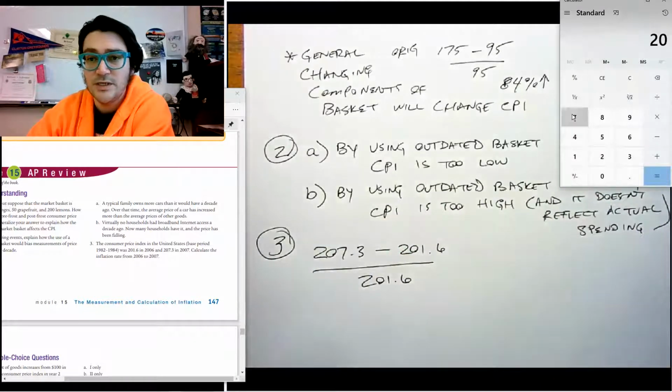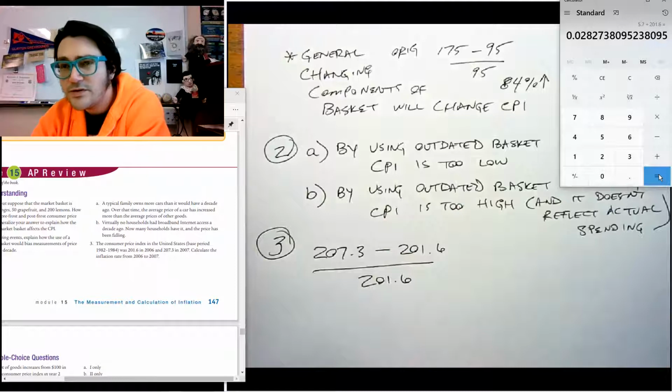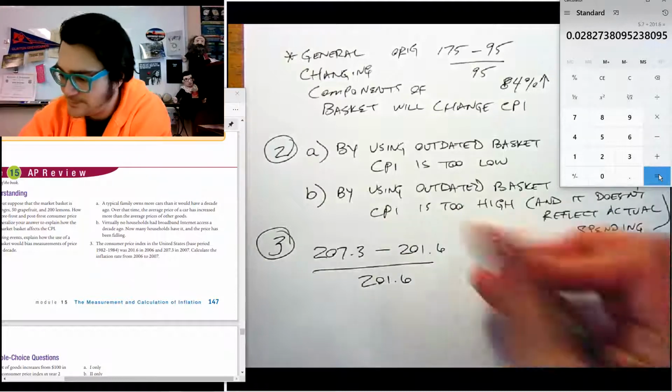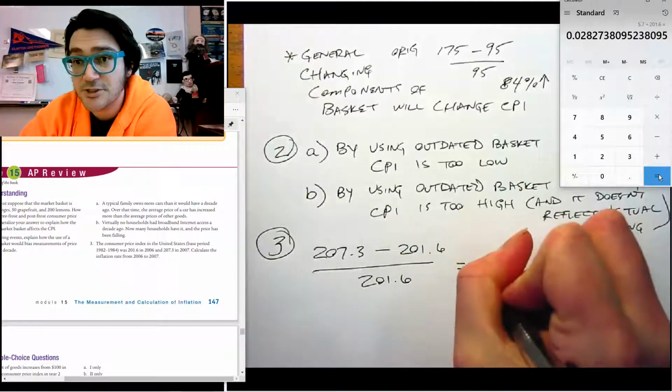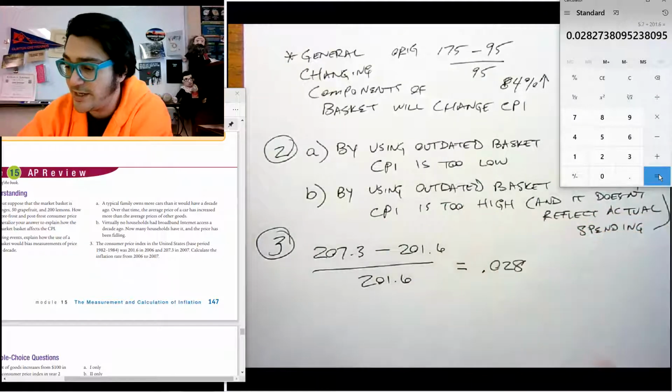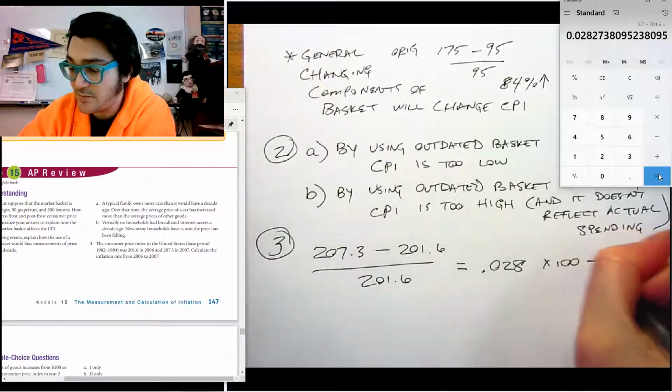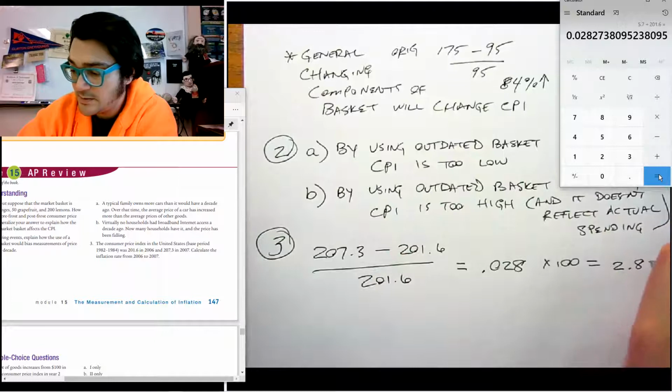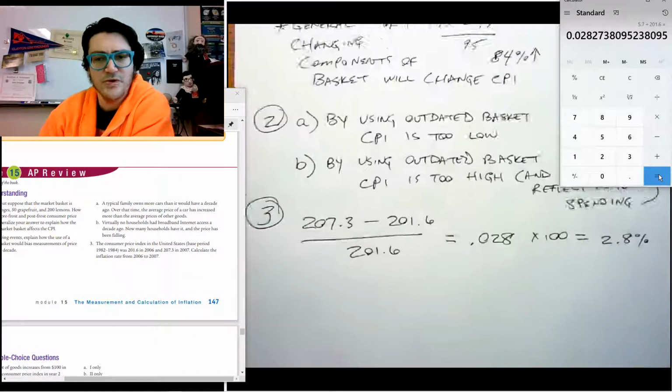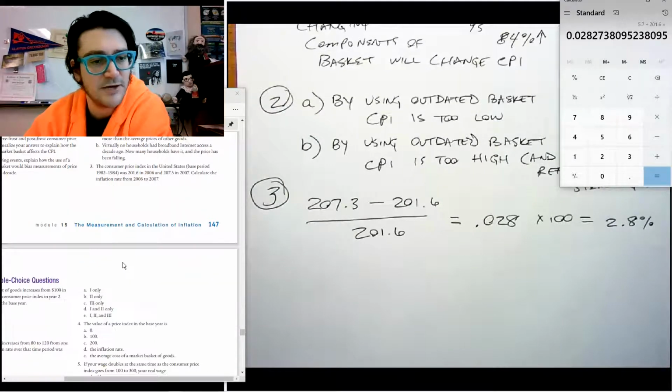So 207.3 minus 201.6 is equal to 5.7 divided by 201.6. So that's 0.028, right? Times 100 to get the percent means it's 2.8%, which is a fairly reasonable inflation rate, as it turns out.